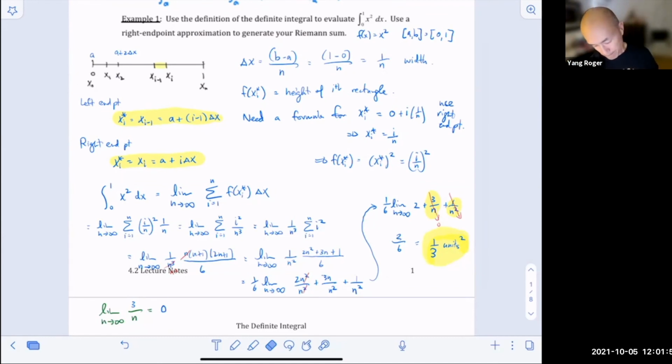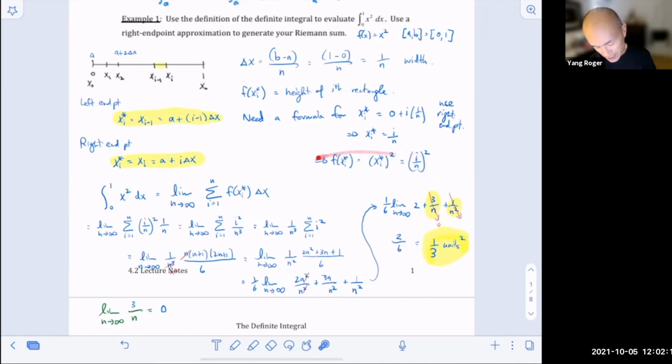So how did this work? What happened was I realized from this notation that I want to find the area under x squared from 0 to 1. I identify all the pieces. I calculate the width of my rectangle. And then I calculate the height of my rectangle.